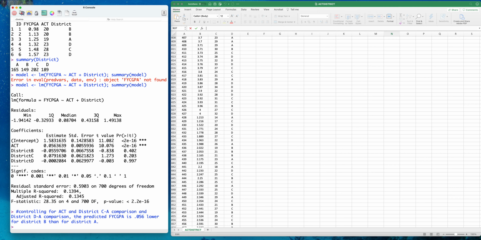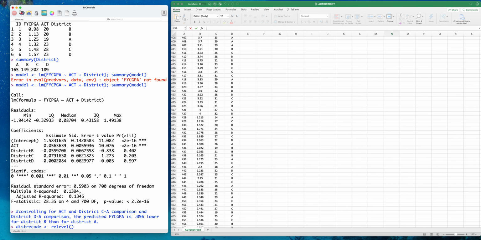Now, shifting the base group is easy. I can just recode district, and I can use the relevel function.